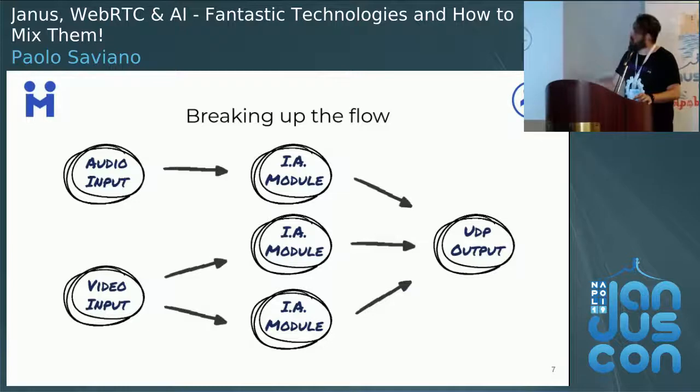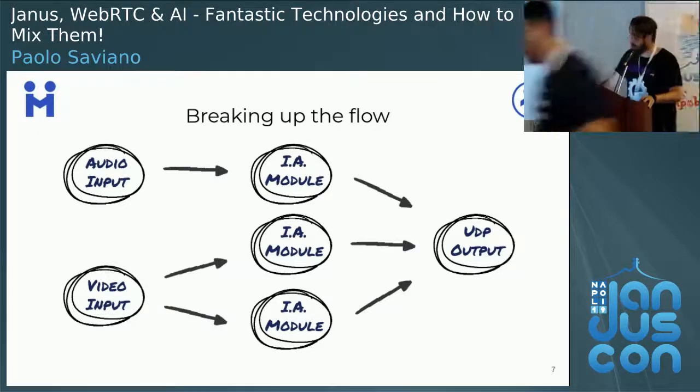For example, we have an audio input that will forward the audio byte stream to, let's say, a speech-to-text module, and a video input that pushes data to two different nodes, for example a face detector and an age detector. Finally, the middle tier modules will forward their results to a UDP output node.